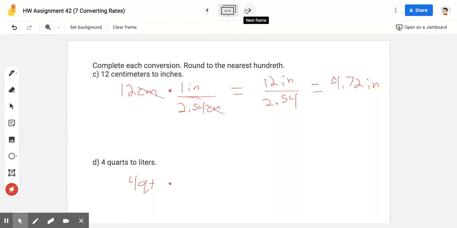So let's make that happen. 0.946 liters over 1 quart. When I multiply these together, my quarts are going to cancel out, and I'll have 4 times 0.946, leaving me with 3.784 liters in 4 quarts. All right.